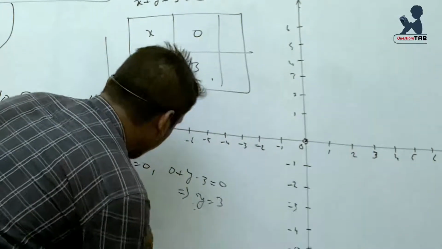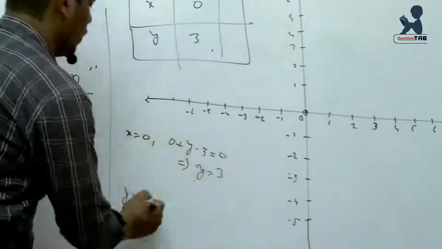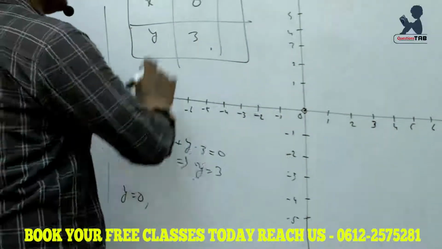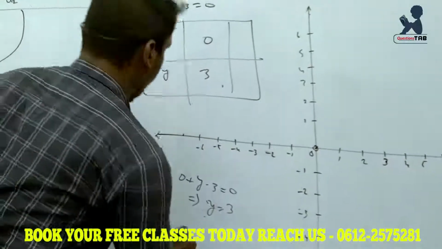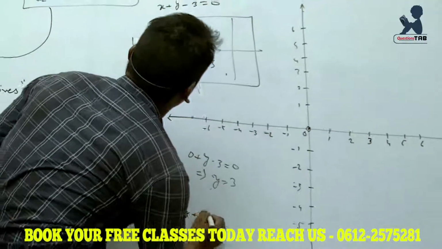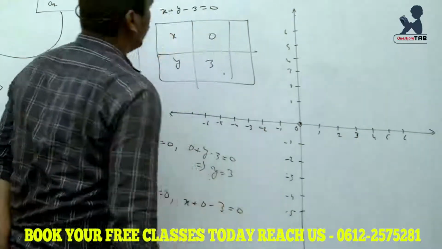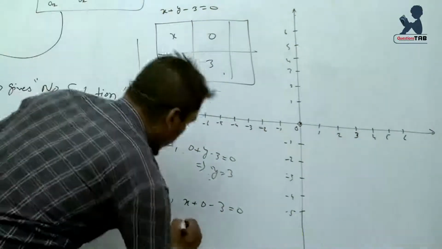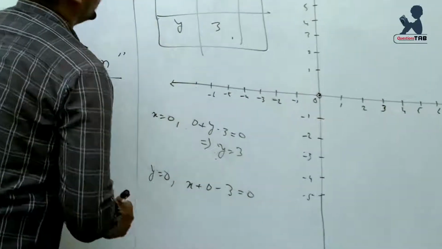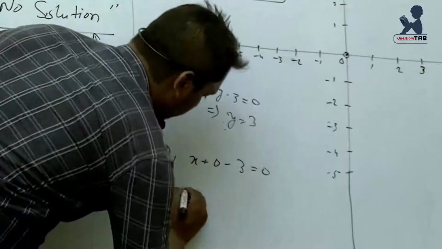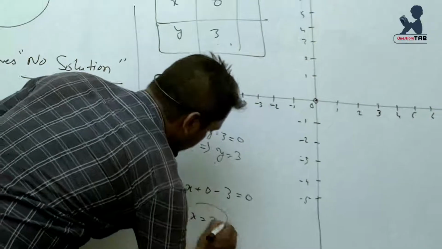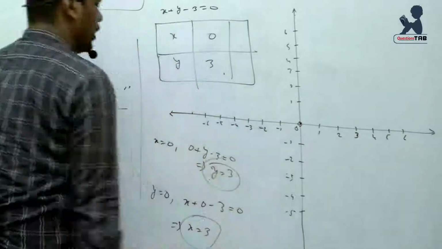For y equals 0, x plus 0 minus 3 equals 0, so x again comes 3.